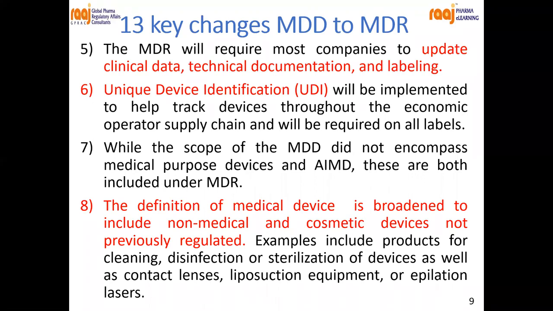Out of 100 elements, suppose 50 items you are taking from different vendors. So all these materials should be identified. Each item, each element, has to have a unique identification number.